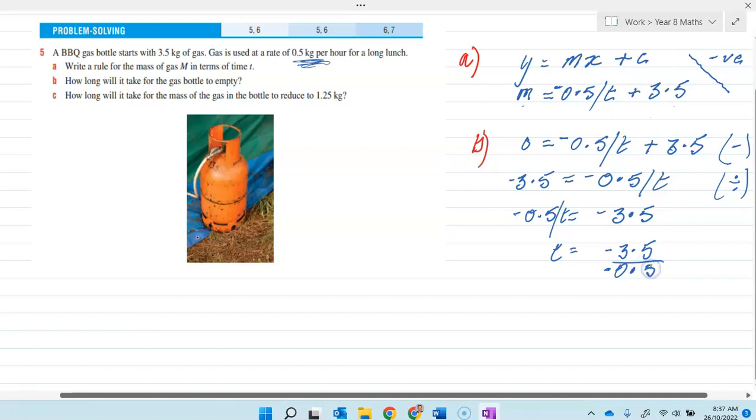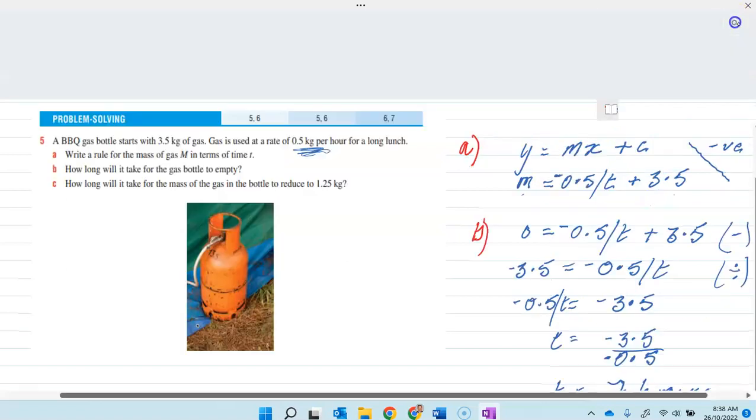And if you get a calculator, or if you divide that out, that is actually t. t equals 7. 7 fives are 35. So time will be 7 hours.